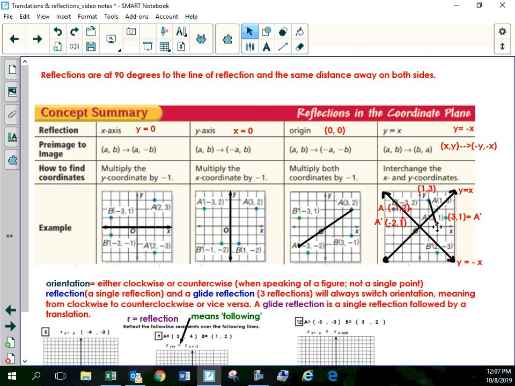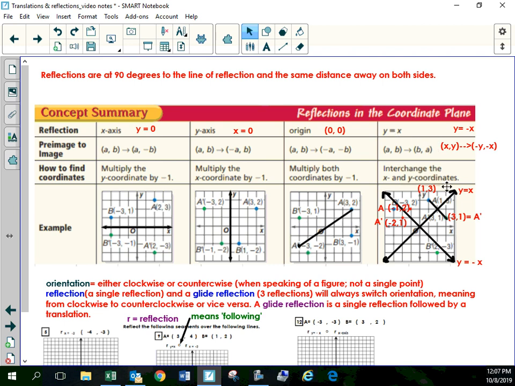So that would tell me my answer down here is wrong. It has to be at 90 degrees to the line, which it was right there, and the same distance on both sides. And that's how you know you're right, and guarantee you're right by doing it like that. So you want to memorize: reflect over the line y equals x, all you do is switch the x and y coordinates.